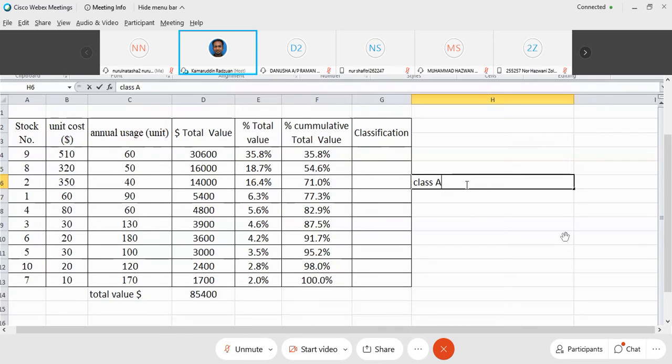For the total value for class A, how many percent? 70 to 80%. For class B, about 50%, right?